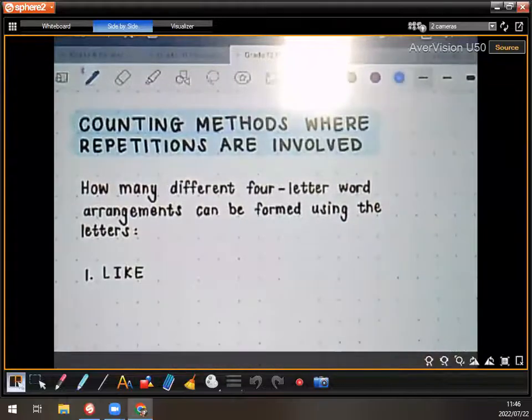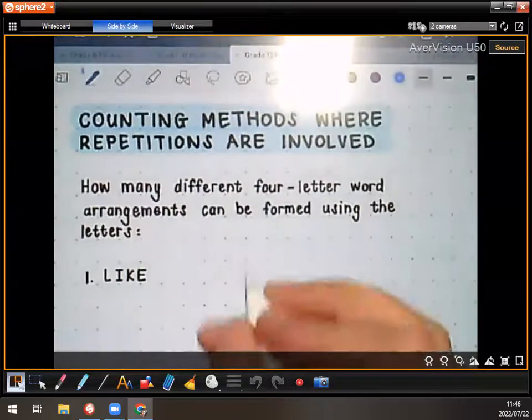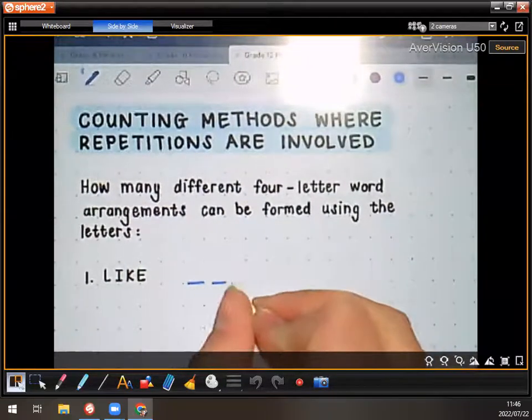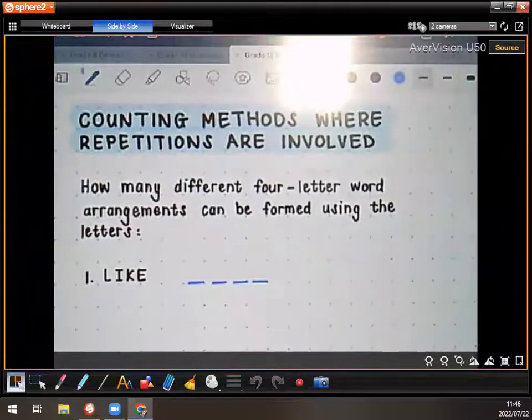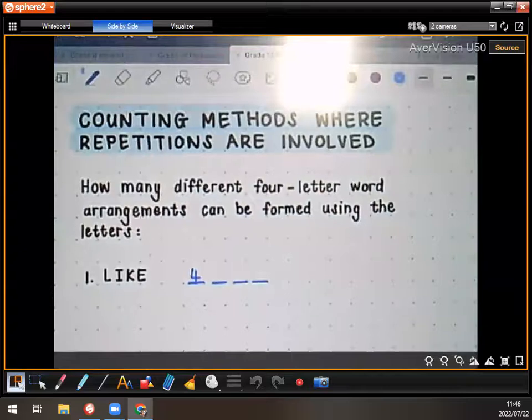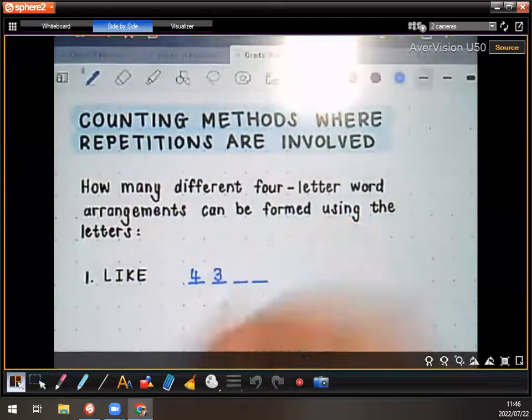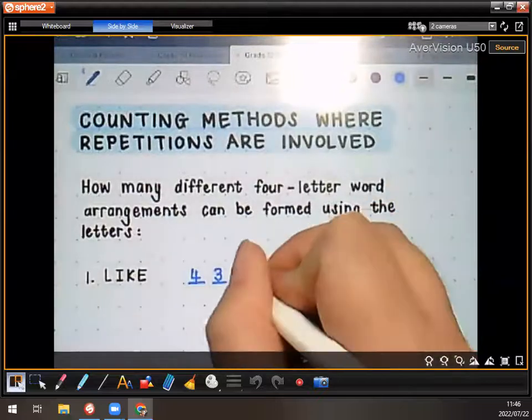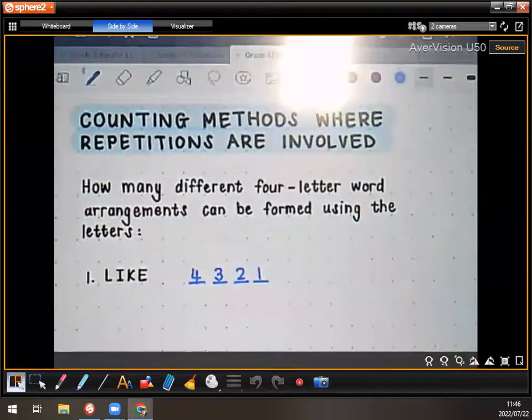Whenever you are in doubt, I want you to do your 4 lines. So 1, 2, 3, 4. Assuming that they can't be repeated, how many letters could you possibly put as the first letter? There's 4 of them, right? But whichever one you use as the first letter, you can't use again. So how many options do you have for the next one? 3, and then 2, and then 1.